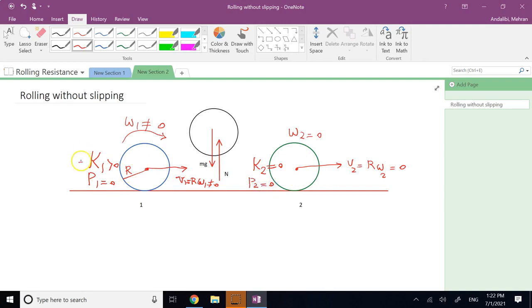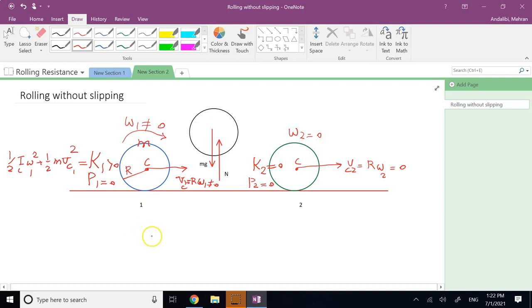And as I said, K1 is equal to 1/2 I about the center omega 1 squared plus 1/2 m times V of the center at position 1 squared, where m is the mass of this guy. So clearly it's bigger than 0, while in position 2 it is 0.